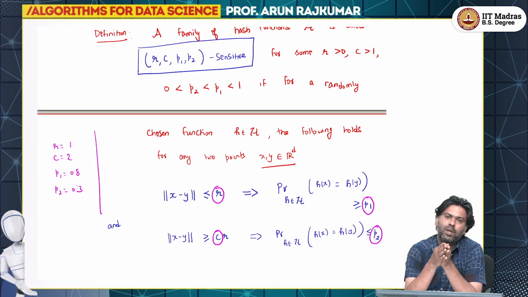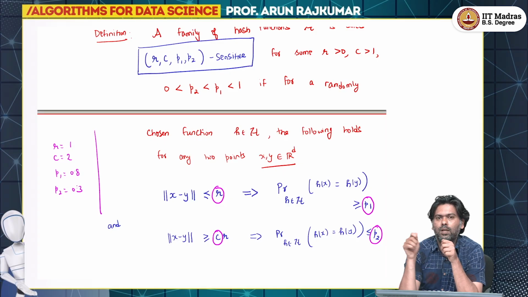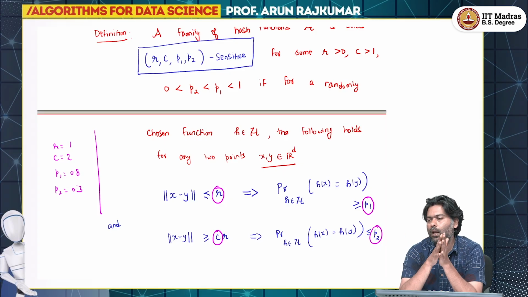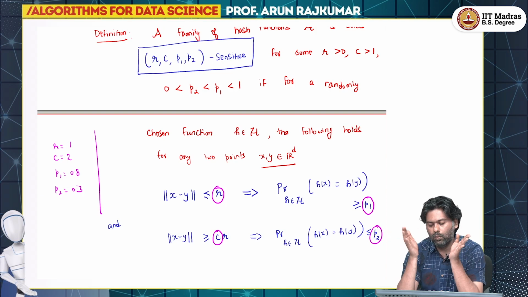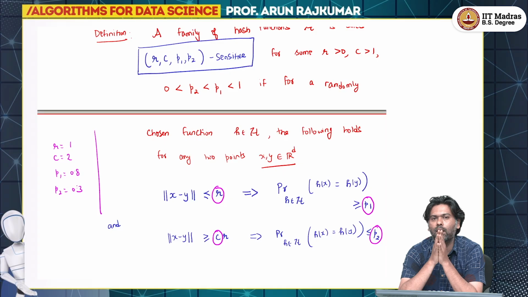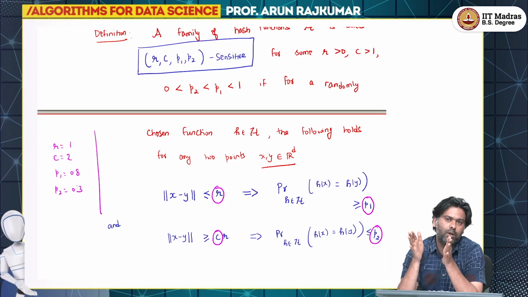Now I will define being further apart as being at a distance of at least c times r. So, if r is the closeness metric, c is telling me how much worse than r I should be so that I am not close. If they are really far apart, then they get mapped to different buckets.